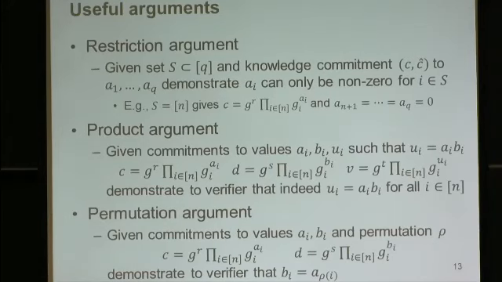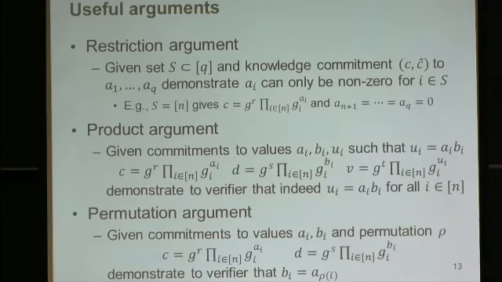Another one is a product argument, which says if we have three commitments to respective Ais, Bis, and Uis, we can prove with just a constant number of group elements that the Uis are the same as the Ais times the Bis.